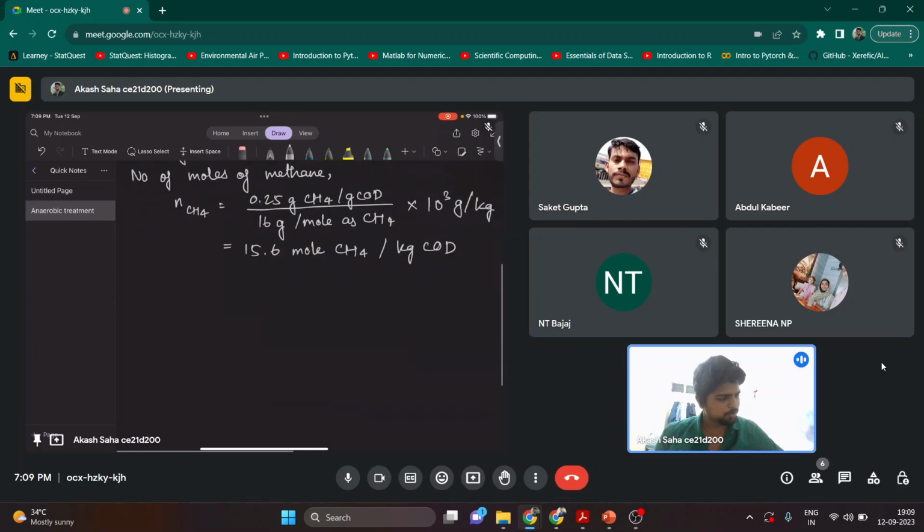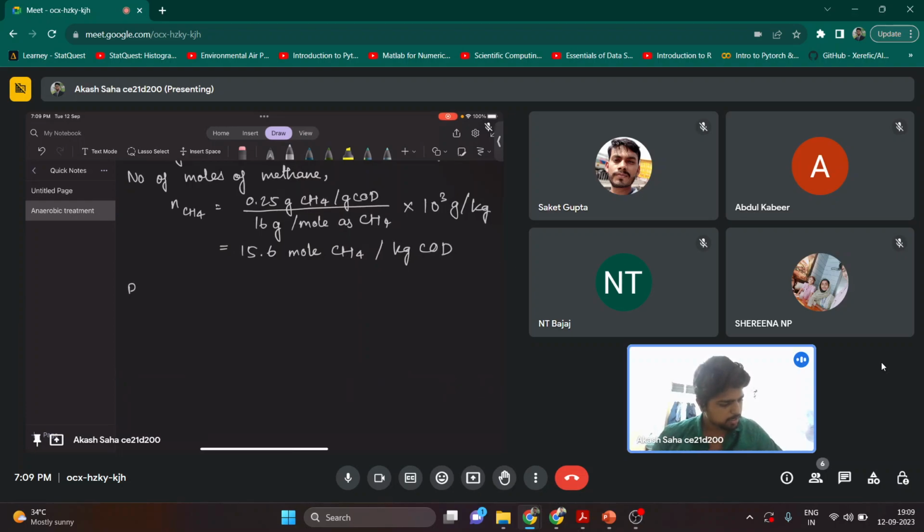So now we have to derive the equation as per the ideal gas law. So we know that by the ideal gas law, the total volume can be equal to number of moles into the molar volume of gas at STP.